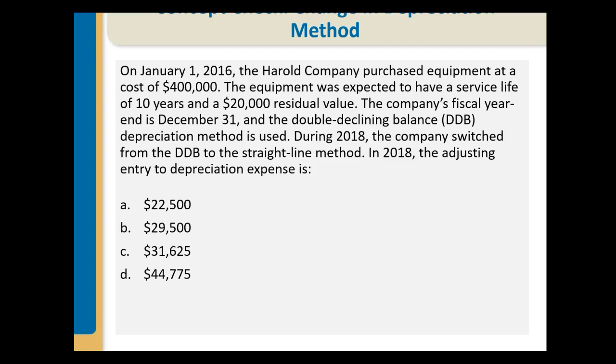So here we have on January 1st, 2016, the Herald Company purchased equipment at a cost of $400,000. The equipment was expected to have a service life of 10 years and a $20,000 residual value.